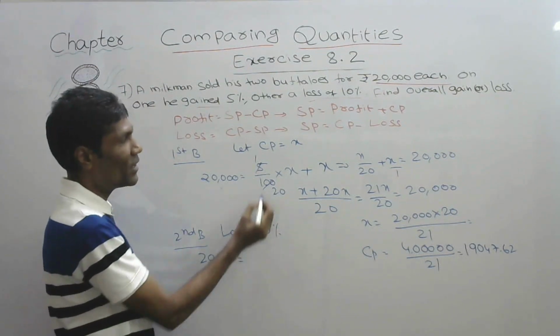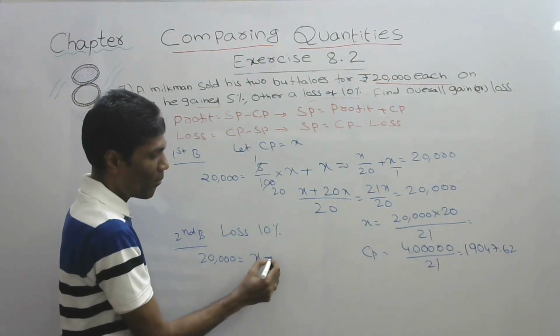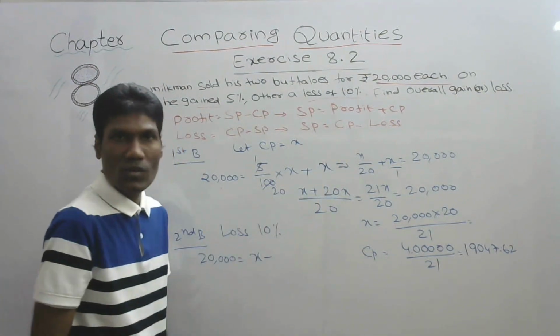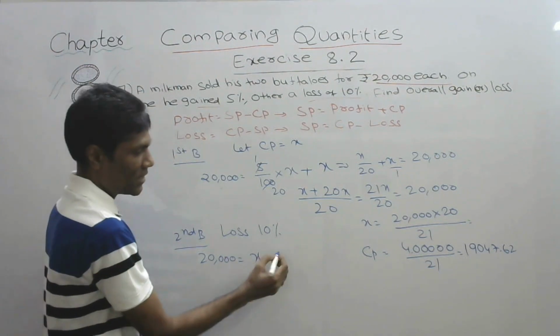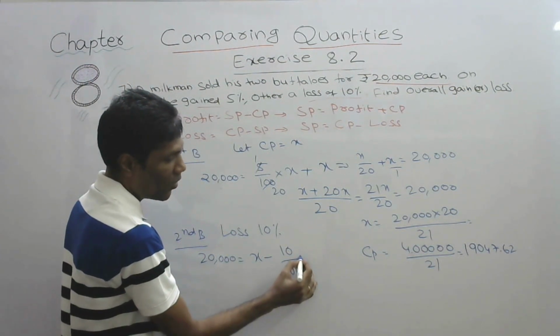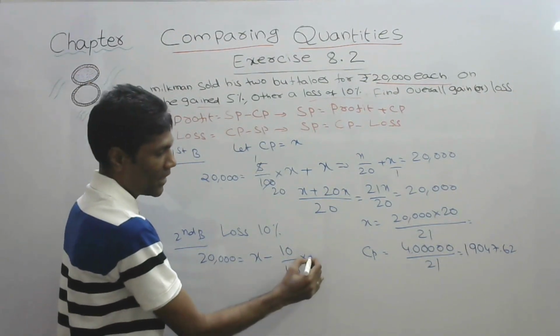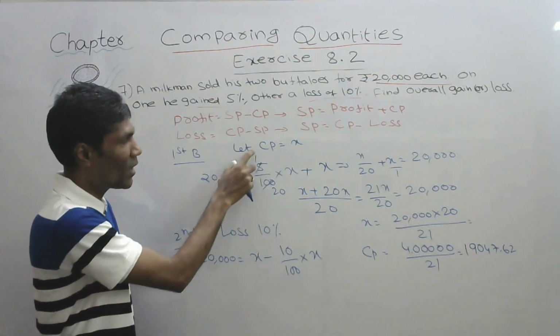What is CP? We have taken it as X. X minus loss. What is loss? 10%. 10 by 100 of X. These equations are important.